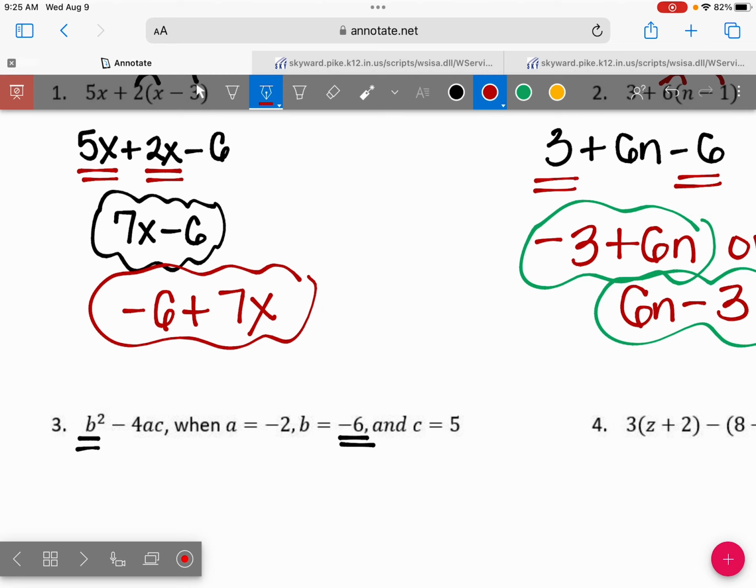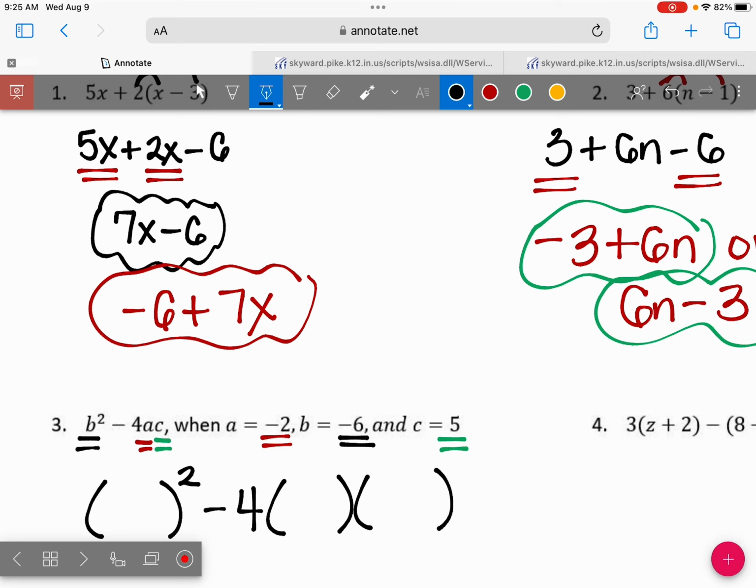I'm going to substitute in a negative 2 for a, and I'm going to substitute in 5 for c. So we're going to write it with parentheses, b squared minus 4ac. So in my first parentheses where I have b, I'm going to type in negative 6. And then for a, that's negative 2, c is 5.